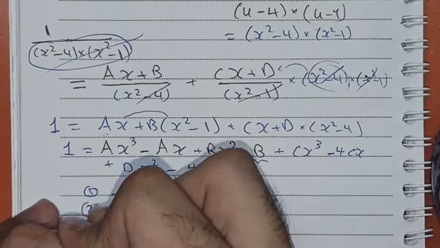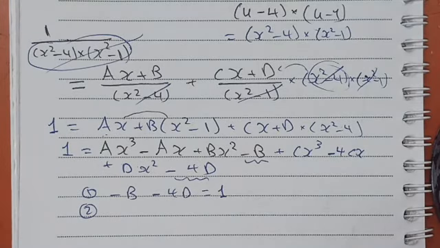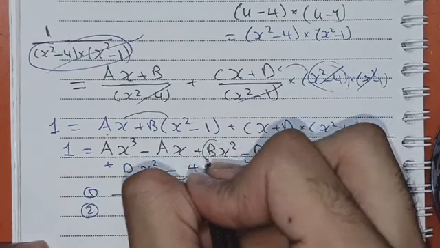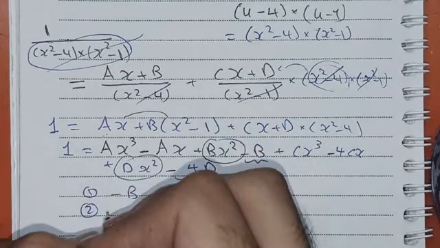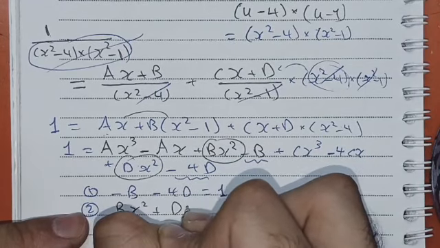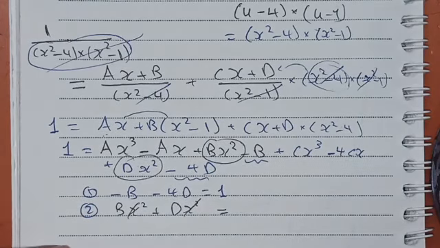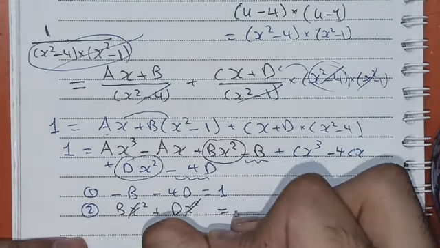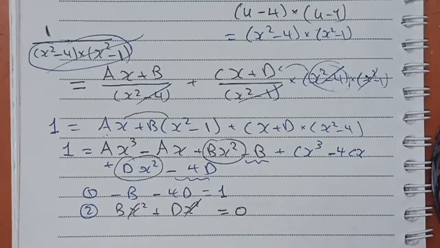For the second equation, we don't have any x² on the left-hand side, so I can take bx² plus dx², so the coefficient of b plus the coefficient of d will be equal to 0.